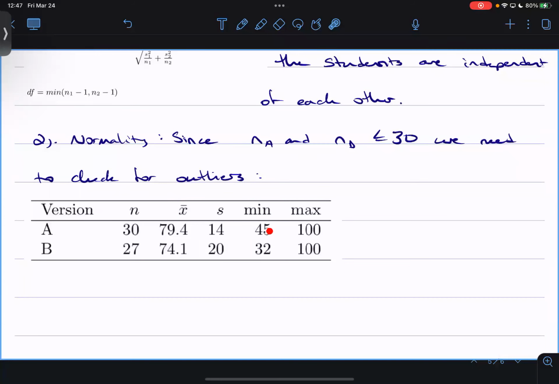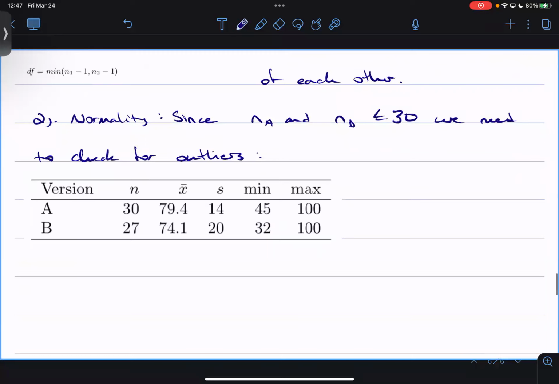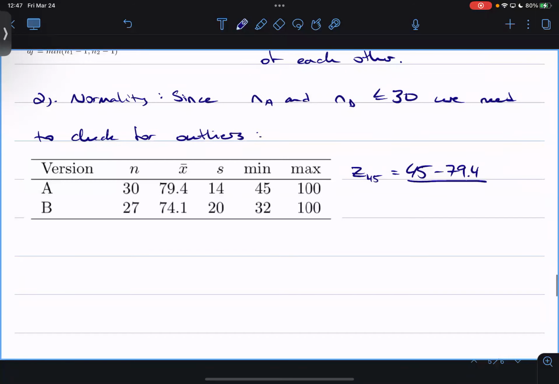What are we doing? We're just trying to see how many standard deviations the minimum is from the mean and how many standard deviations the maximum is from the mean. And so let's see here. Z_45, just because otherwise there's a lot of information, divided by 14.